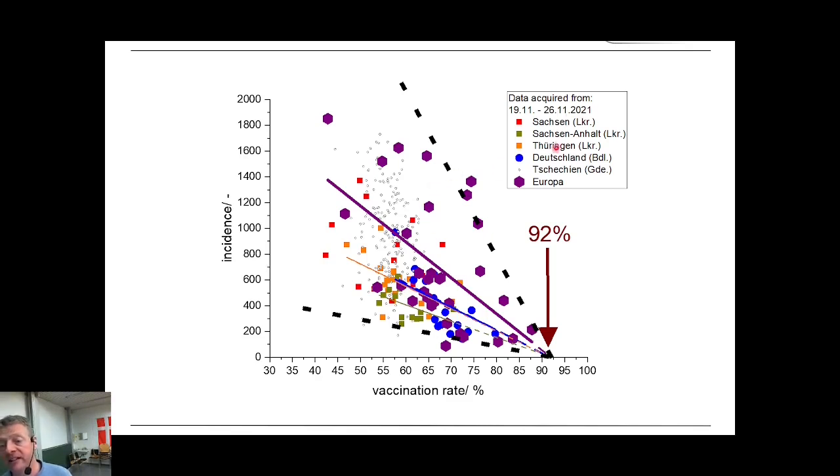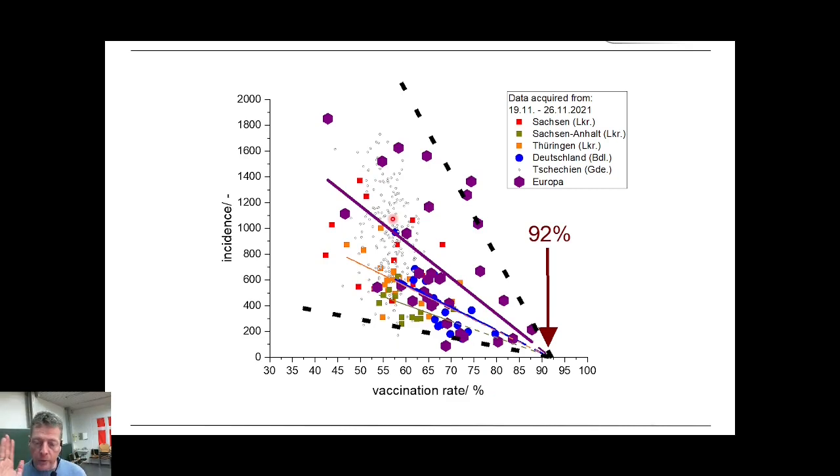For Saxony and Thuringia and this one, we also have the opportunity to get for each county in this state the corresponding incidence and vaccination. We cannot retrieve the data for the other states in Germany, but at least these three we had. Then we also collected data and have them here, these purple hexagons.